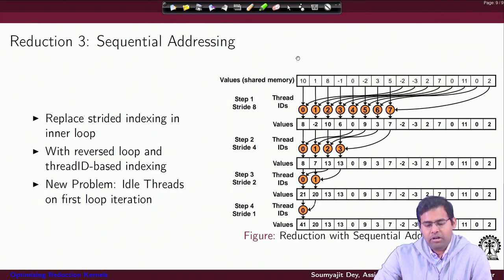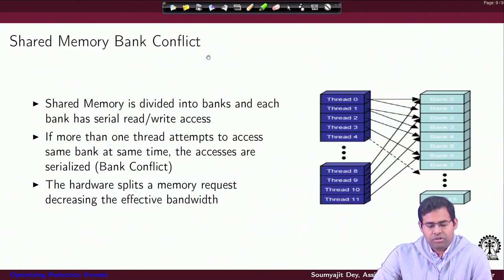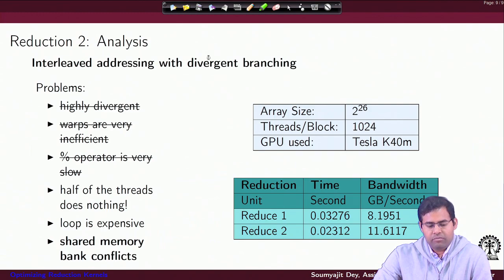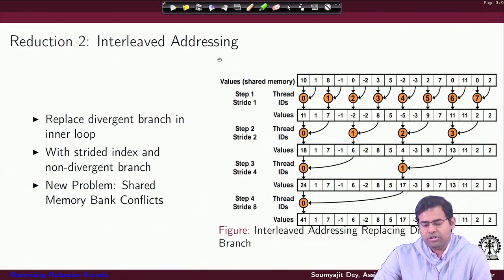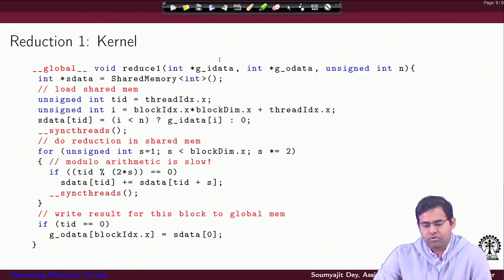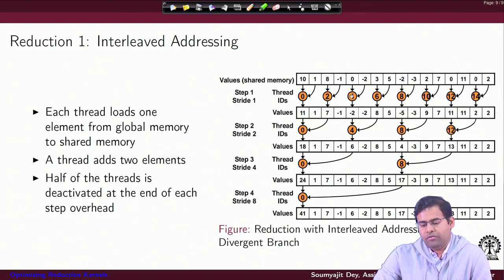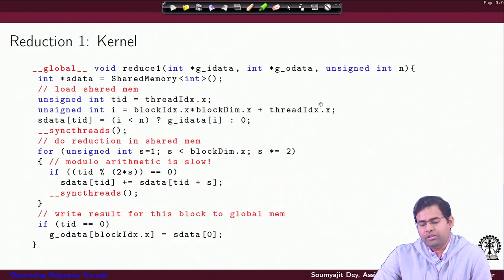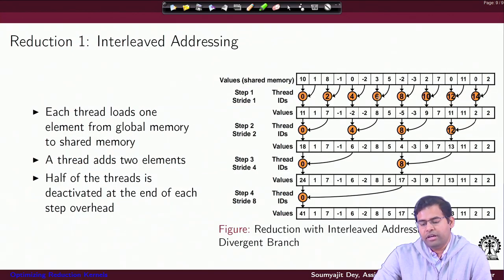So at this point we will be stopping today's lecture, and we will resume in the next lecture from reduction 3. Just to summarize, in the 2 reductions that we have discussed, the first was the original reduction, where, let me just go through the picture, we had half of the threads working inside every warp, because of the way the thread IDs were arranged.